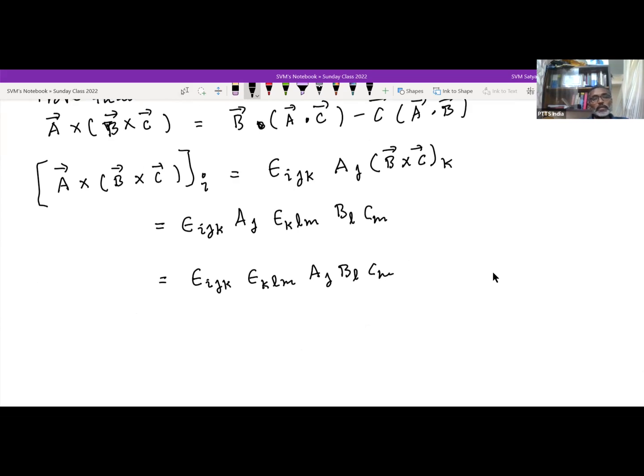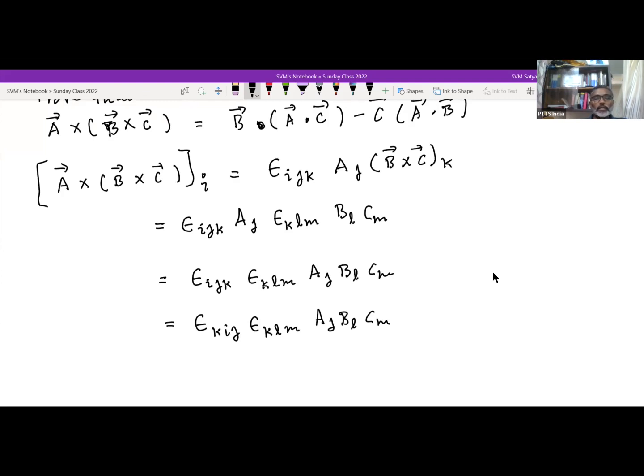Now notice this ijk or kij doesn't matter because it's only a cyclic permutation. So I can write this as epsilon kij epsilon klm aj bl cm. Now I am going to use the result that we just established. That is the product of this epsilon where only k is the dummy index, and ij and lm.